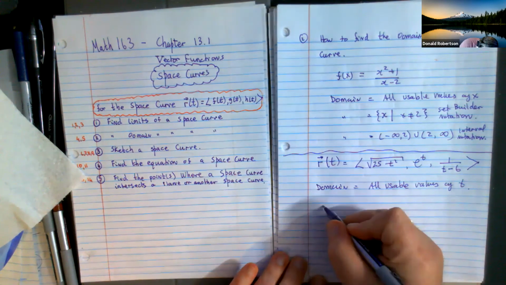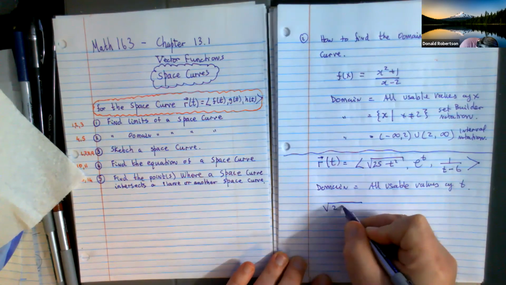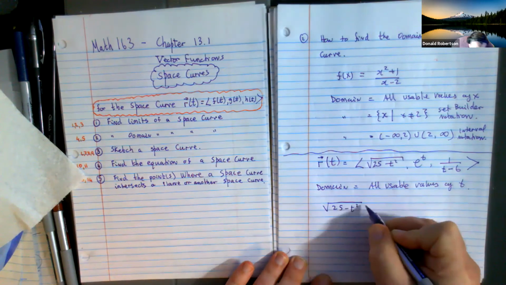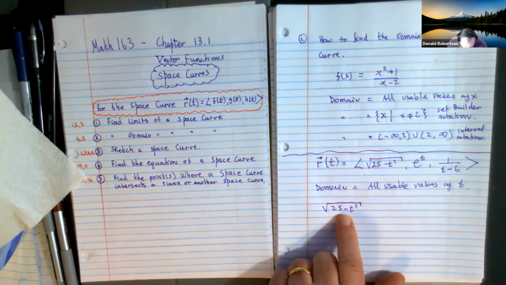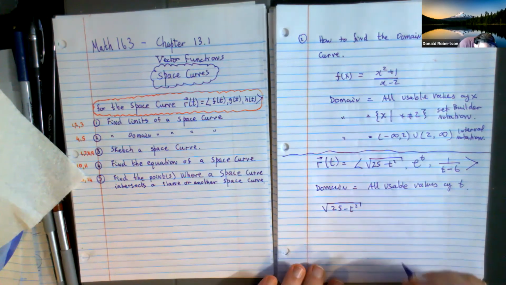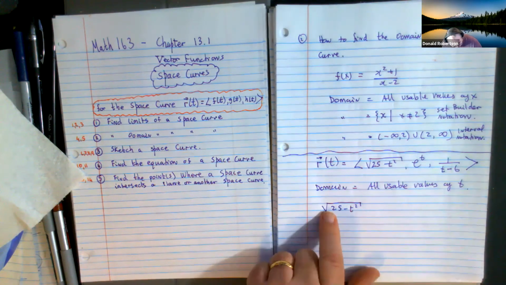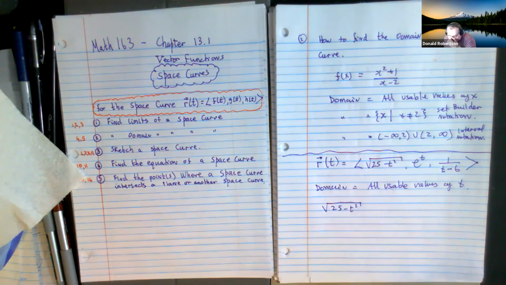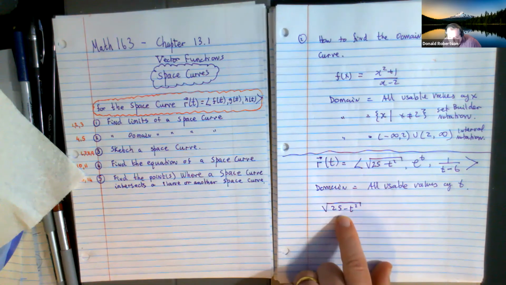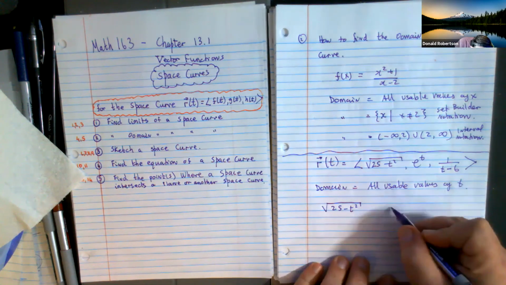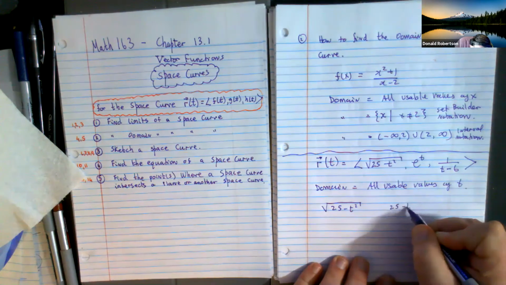You take each function and you figure out, using interval notation, what its domain would be. Okay, so if you were looking at the square root of 25 minus t squared, would you agree that you can only use values of t that make this thing positive or 0? Right, so its domain would be that.